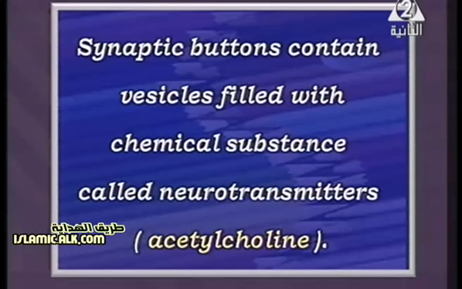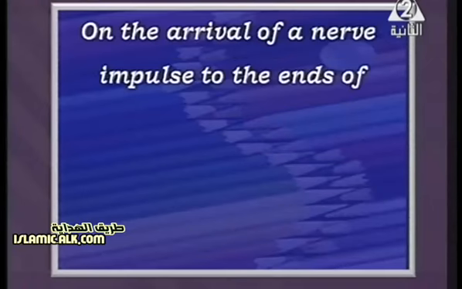We have different types, but in our curriculum we need to know acetylcholine. This is our neurotransmitter. Again, the vesicles at the end of the synaptic area contain the neurotransmitter called acetylcholine. What happens to the acetylcholine?